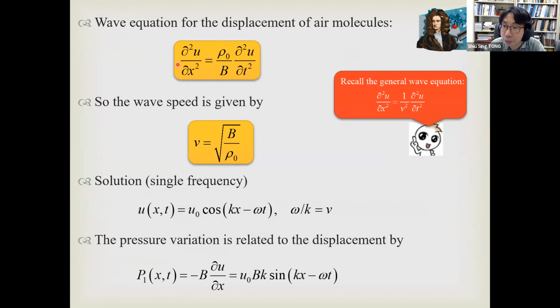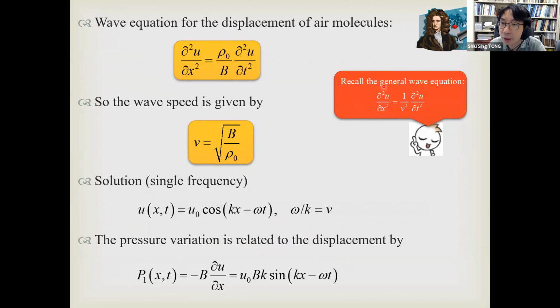We have the second spatial derivative of u with respect to x equal to the second temporal derivative of u with respect to time, and the constant in between is rho naught over B. This takes the form of a general wave equation.